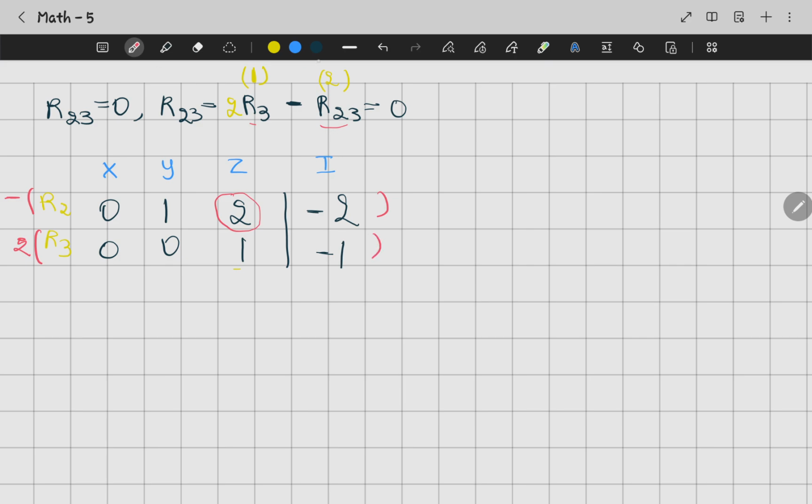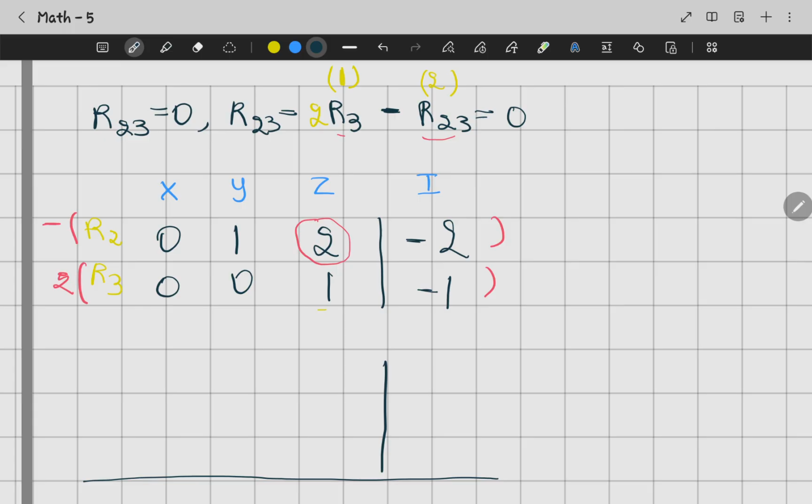This will give me something like this. I'm going to multiply everything inside. Now let's continue. Remember that we multiply everything inside, and the same goes for this one: negative times 0, times 1, times negative 1. This is what we're going to do.